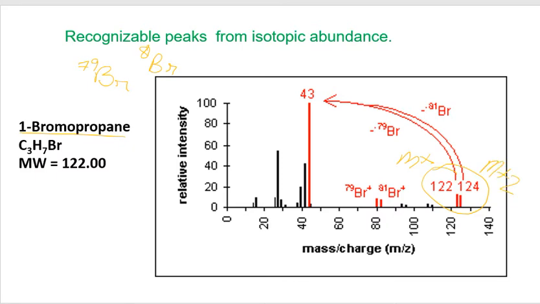That means the two molecular ion peaks are the M plus peak and the M plus 2 peak, and these are almost of equal heights, that is 1 to 1.